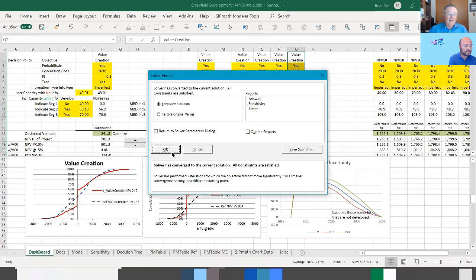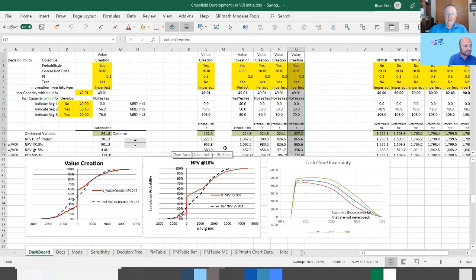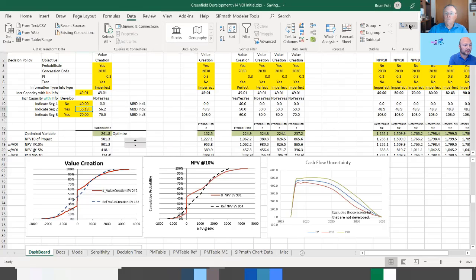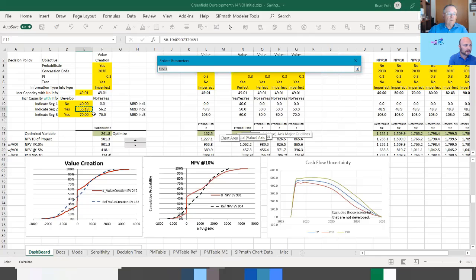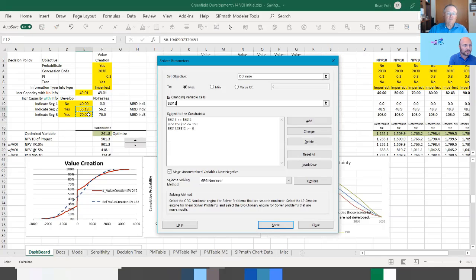There we go. We've got an answer. It says that segment 2 should be 56.19. And then we can go over here to Data Solver. Now with that information, let's change this one, because we don't want to just optimize on one.